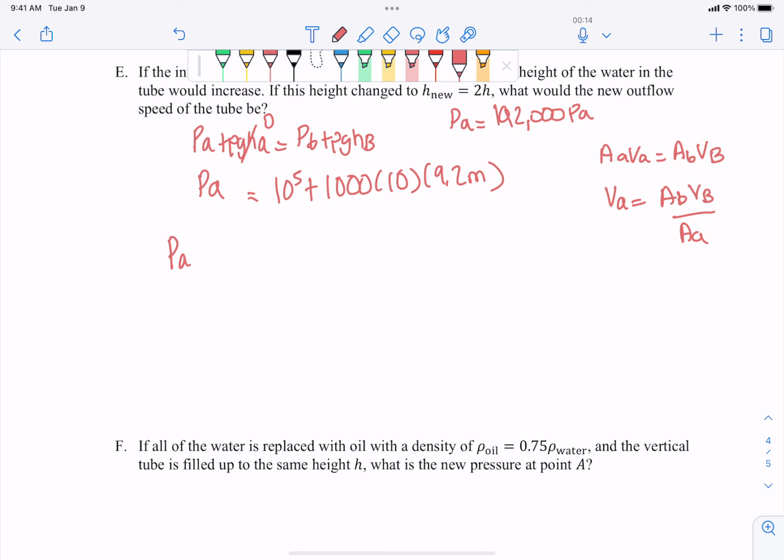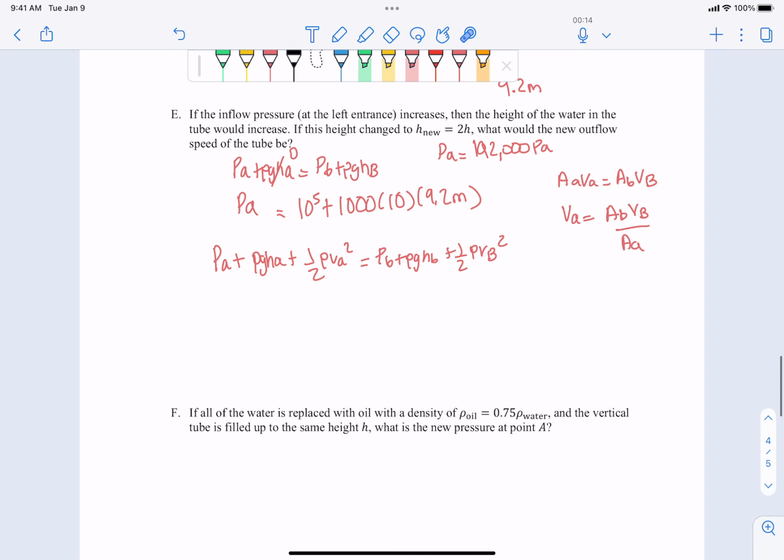So like this equation, PA plus ρgHA plus half ρVA squared is equal to PB plus ρgHB plus half ρVB squared, right? So I don't want to have two variables, because I don't know what this VA is going to be. That's unknown to me. But what I want to figure out is VB.